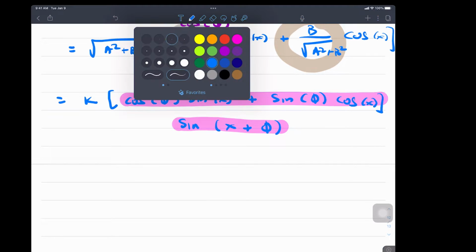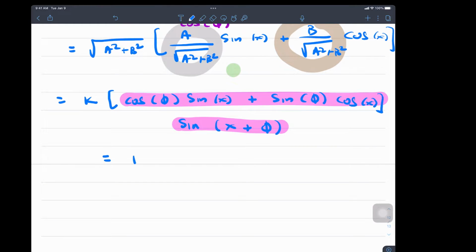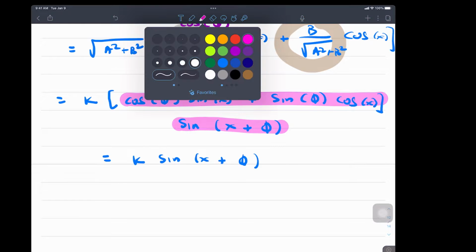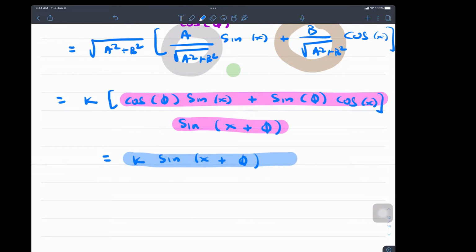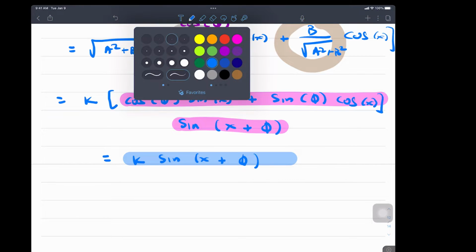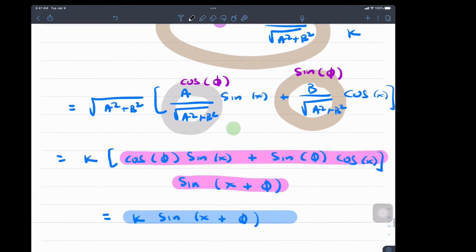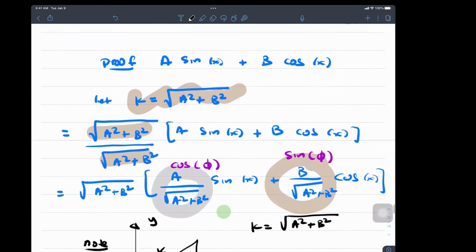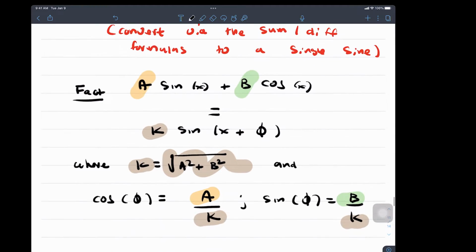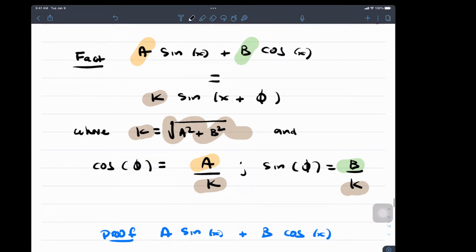So what I'm saying is that this equals k sine of x plus phi. And that's what I wanted to prove here. Okay, so let's go back and you say, what are we really saying here? Well, we're saying that this statement is valid.